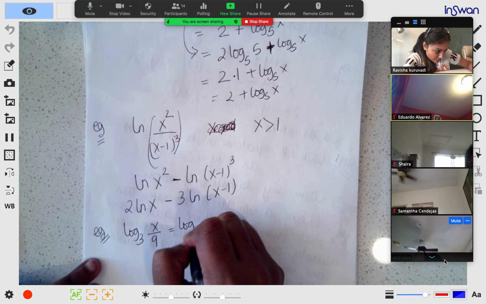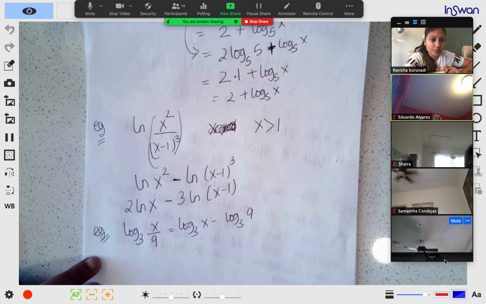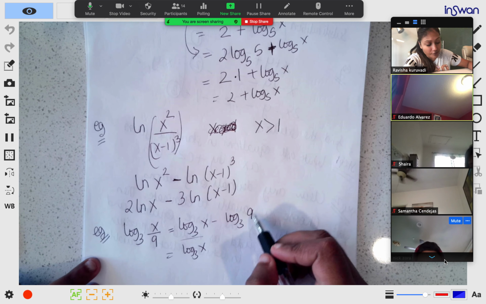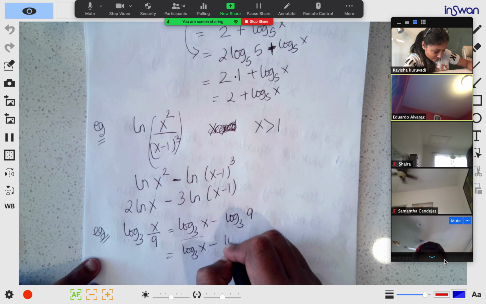Okay. Can you expand it further, Eduardo? I don't believe so. Okay, this I cannot do because it's log 3x. But you have to think, can you write 9 as the same base to the power of something? Yeah, you can make it log 3 to 3 to the power of 2.